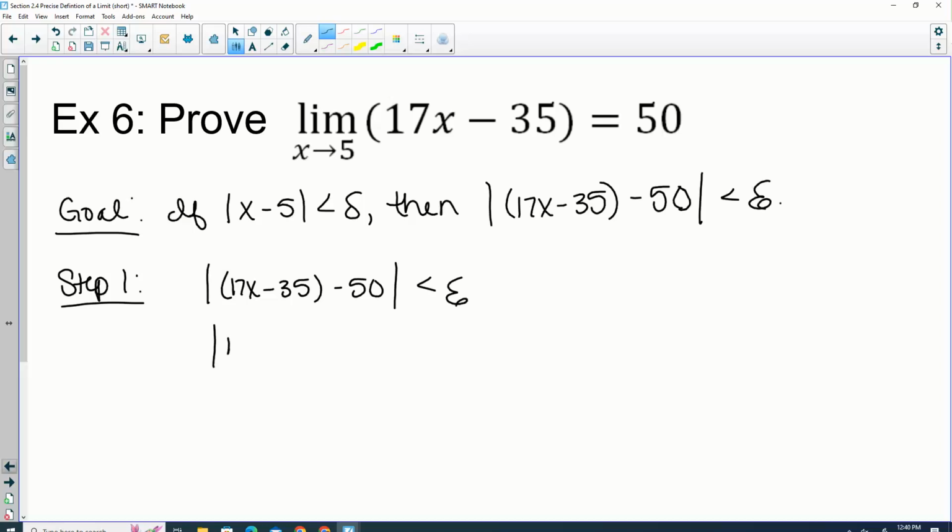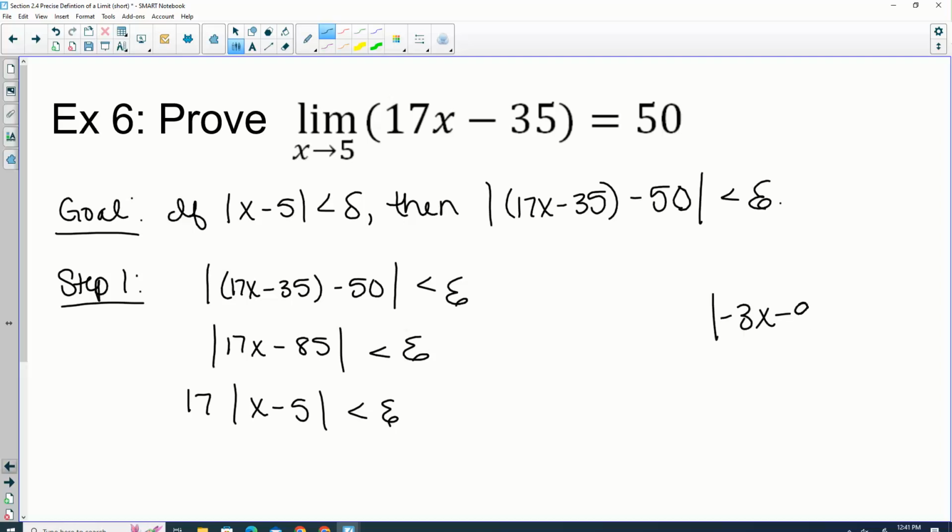So combining like terms, that's 17x minus 85. What can we take out there? 17. Just as a warning, that didn't happen on any of these, but let's say we'd have like negative 3x minus 9. What can you take out of that? Oh, 3. Right. So you would factor it, it's like negative 3 times x plus 3.